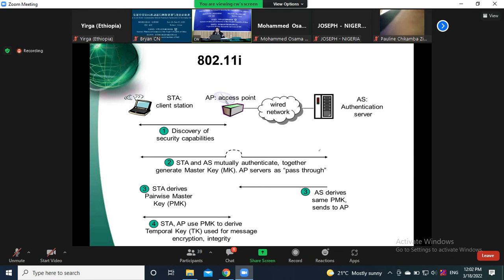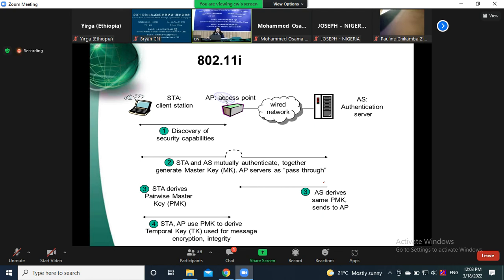The station derives the PMK, and the authentication service delivers the same PMK, sent to the AP. The station and AP use the PMK to derive the TK used for message encryption and integrity.